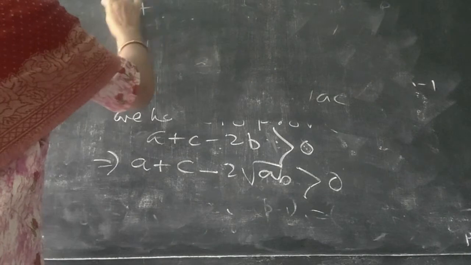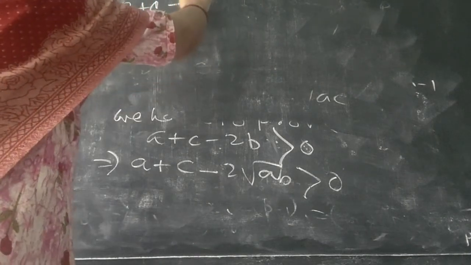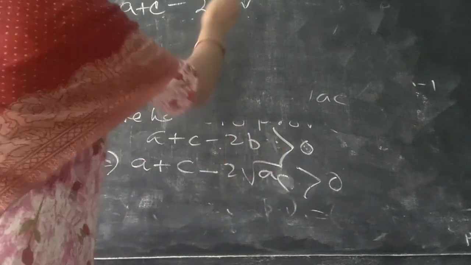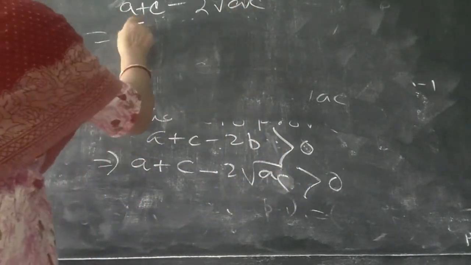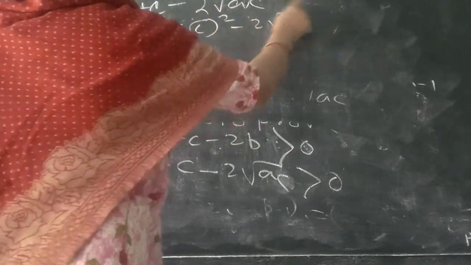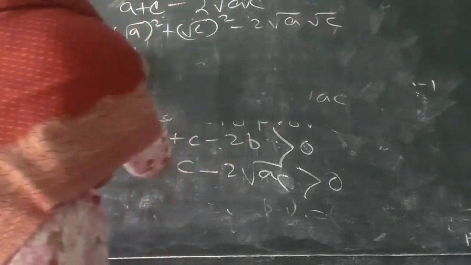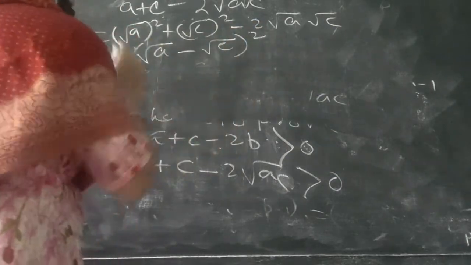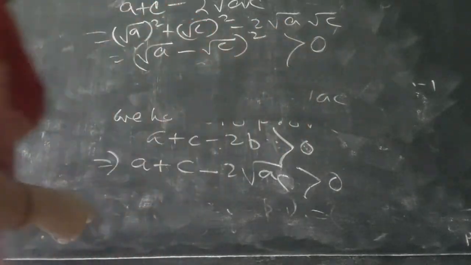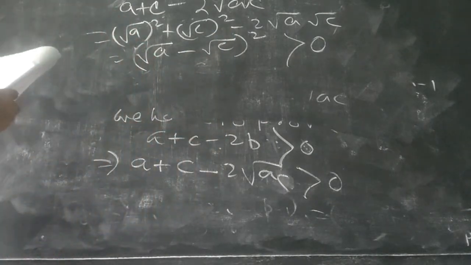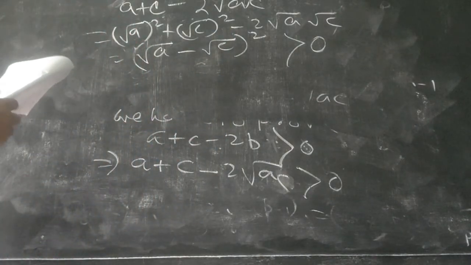We have a plus c minus 2 root ac. This equal to root a minus root c whole squared. This is always greater than or equal to 0.